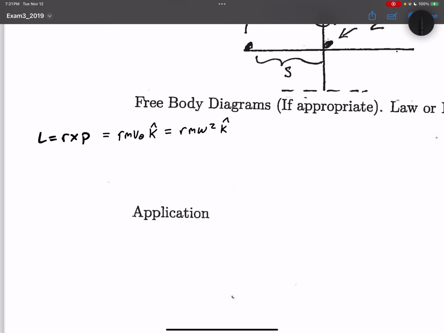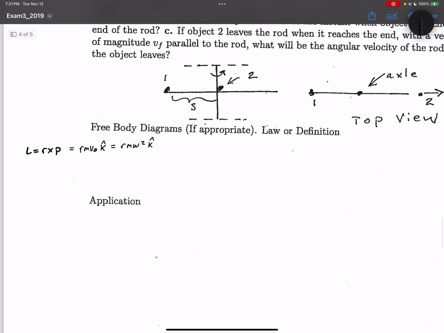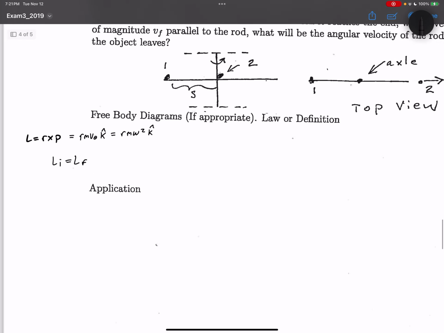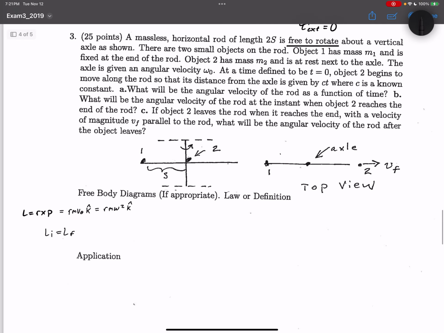So that's what we're going to use: L initial equals L final.